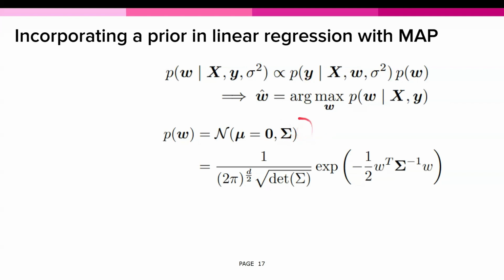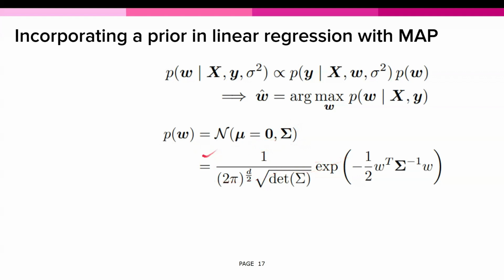But if the values are large, we would allow for more flexibility. We would expect weights to vary more. So this prior represents our belief that the weights should be around 0, and depending on how large or small the entries in sigma are, that determines the flexibility.